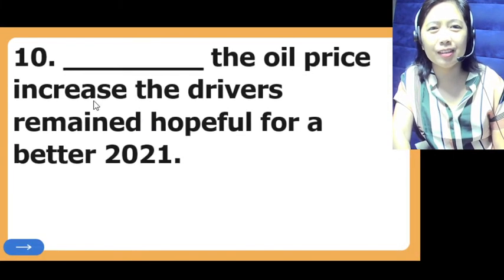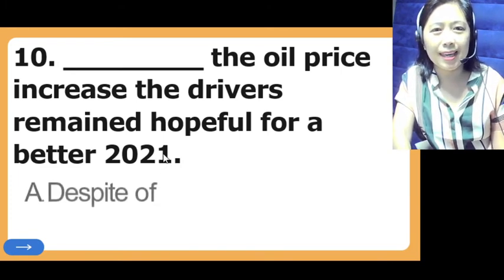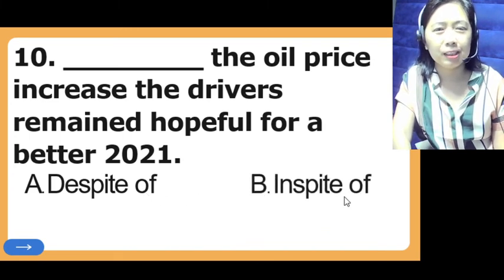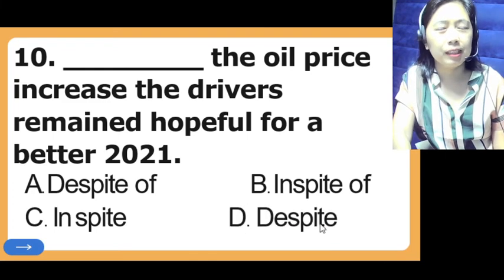And now we're already on the last question. Blank the oil price increase, the drivers remained hopeful for a better 2021. The choices are despite of, in spite of, in spite, despite.